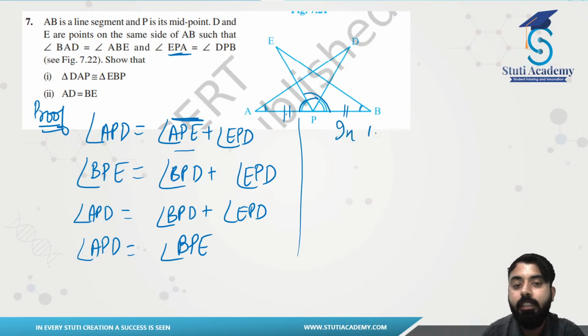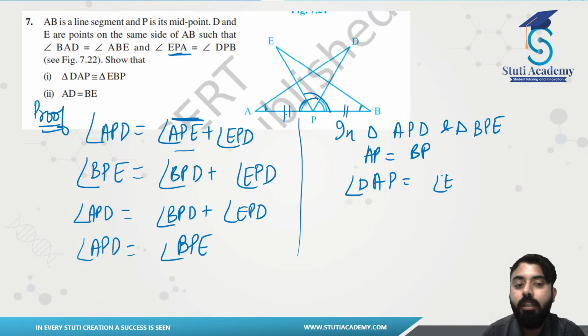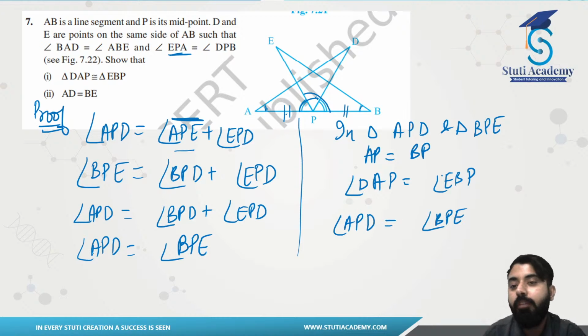So in triangle APD and triangle BPE, I know AP is equal to BP, I know angle DAP equals angle EBP, and I also know angle APD equals angle BPE. Everything has been given to me.